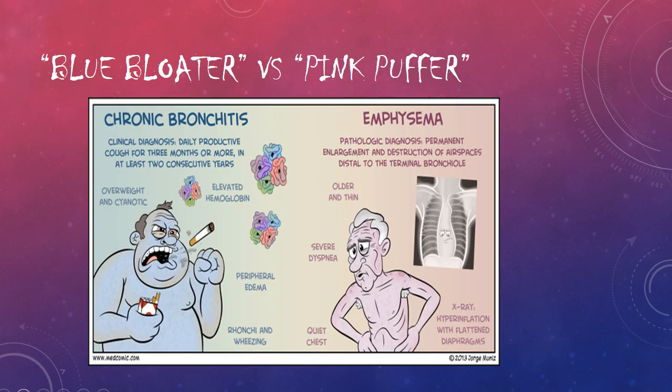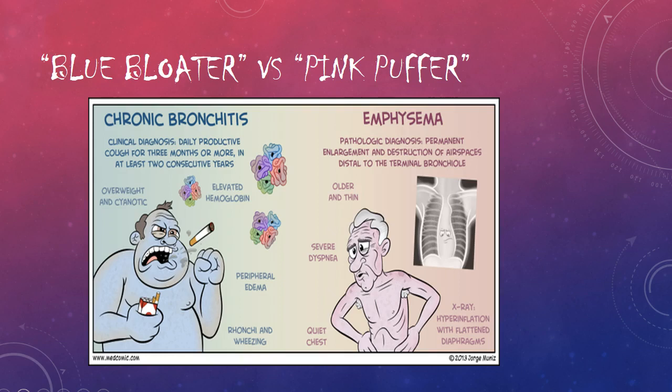And then their chest is a little bit more quiet than a chronic bronchitis person, because the chronic bronchitis person has a lot of mucus. So in chronic bronchitis, they have mucus in their bronchioles, and they're coughing up all of this mucus, which causes air exchange to be impaired as well.